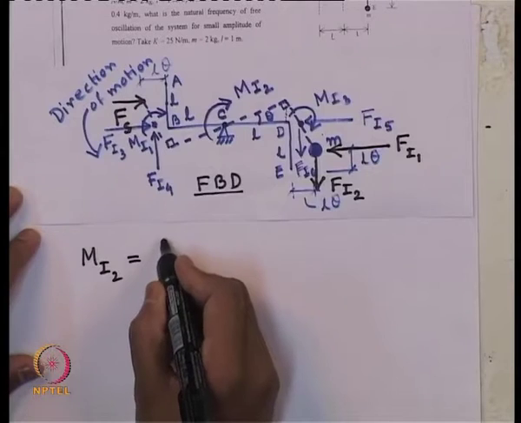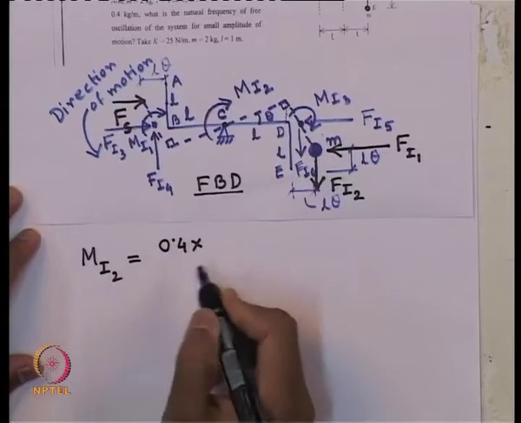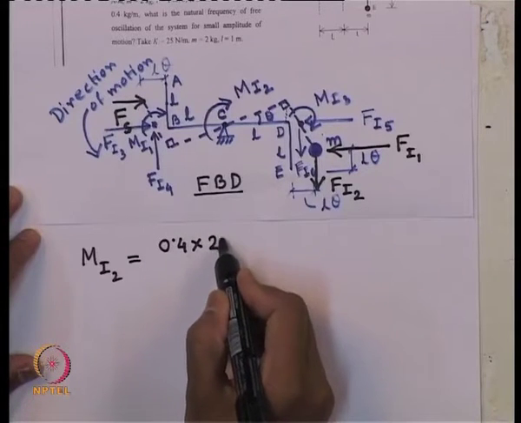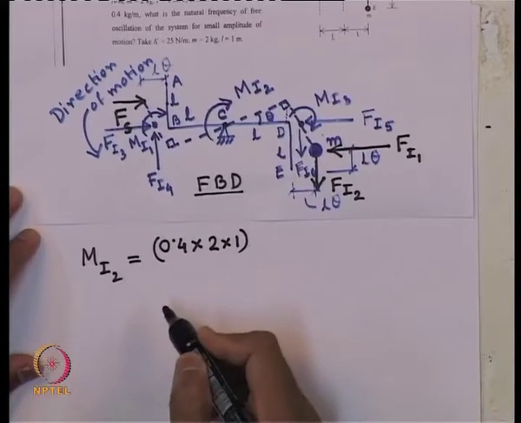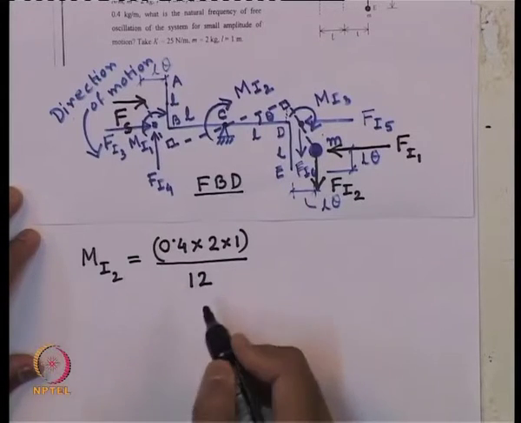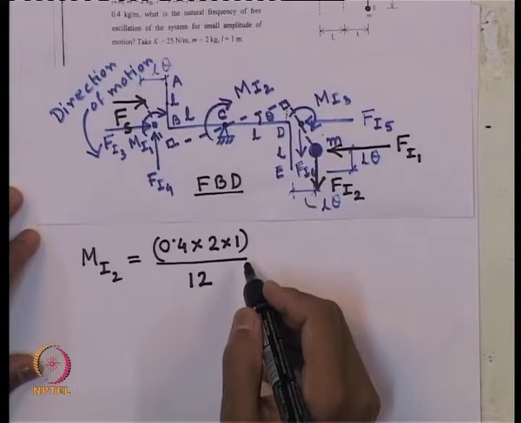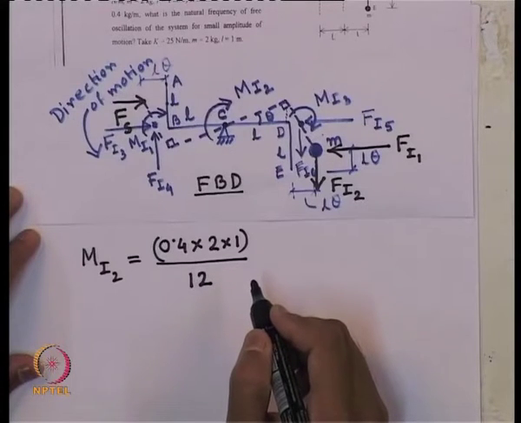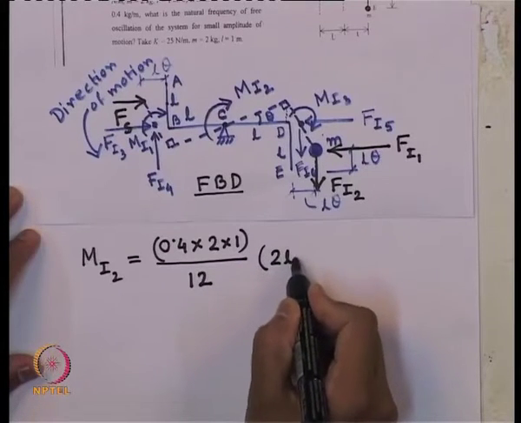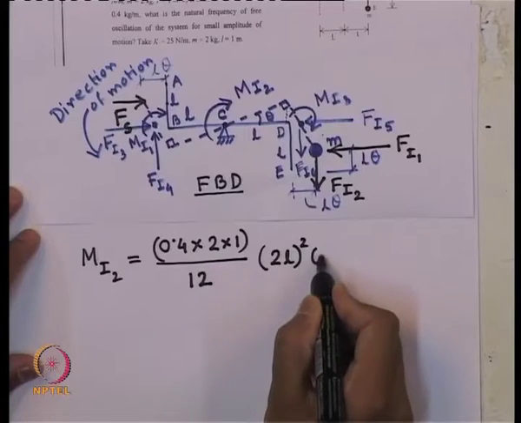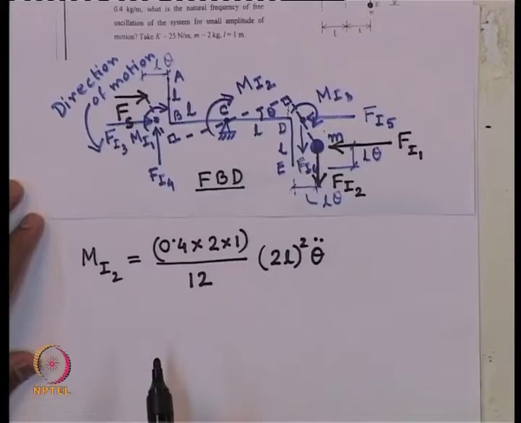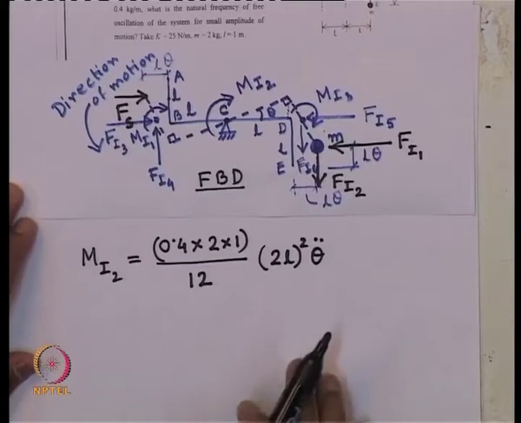That will be 0.4 times the length of BCD, which is 2L, so 2 into 1 m, by 12, m by 12 L square theta double dot. How much is L for this case? 2L. So, this is M I 2 for the bar BCD.